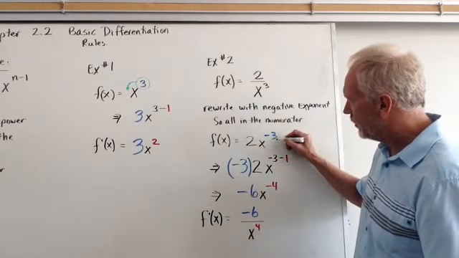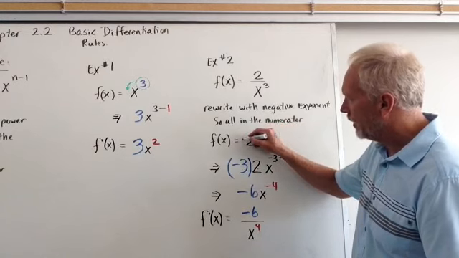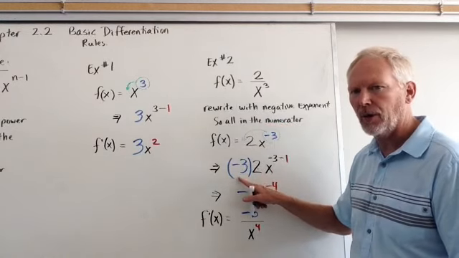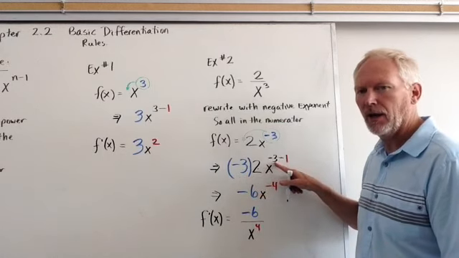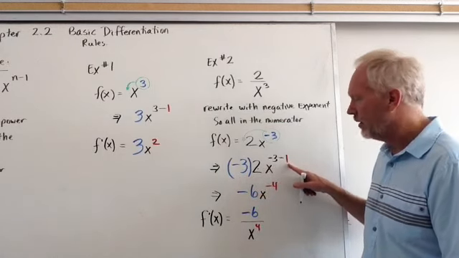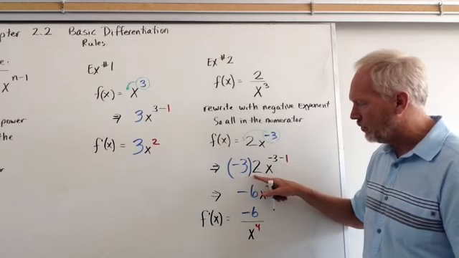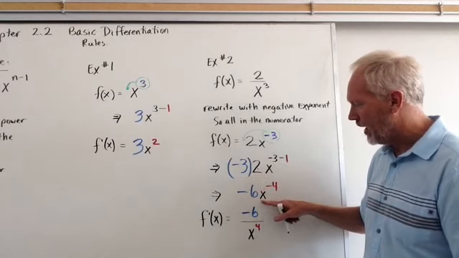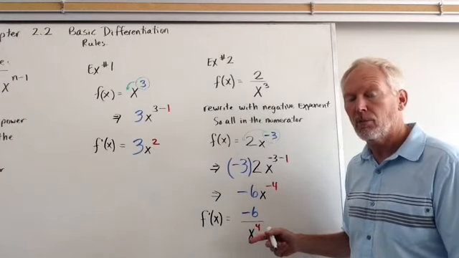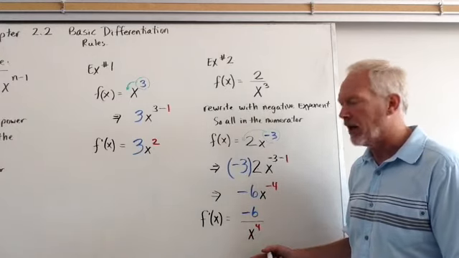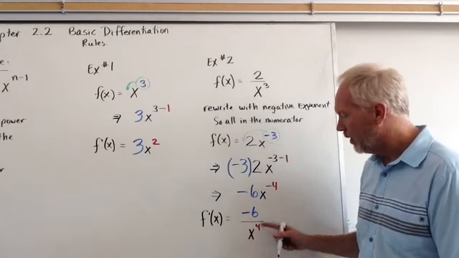Again, we take the power that is currently existing and bring it down in front, so there's our negative 3, times the 2. We take the existing power of negative 3 and subtract 1, and when we multiply these together, we get negative 6x to the negative 4th. You should, in most cases, write your answer in positive exponential form.